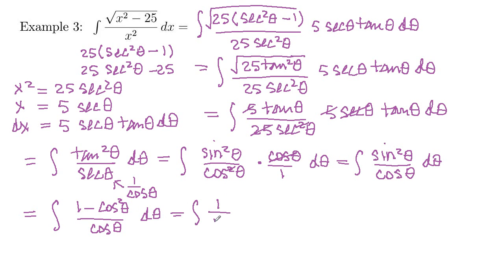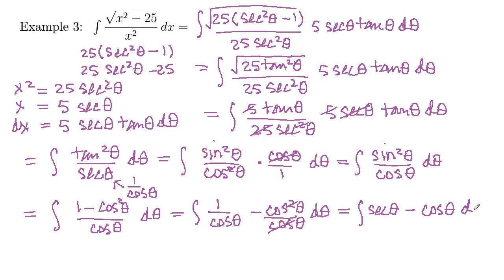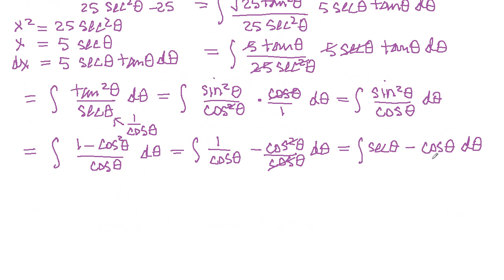So integral 1 over cosine theta minus cosine squared over cosine d theta, which will be, 1 over cosine is secant. So we're integrating secant theta minus this cosine, I'll cancel one on the top, cosine theta d theta. And so we know how to integrate cosine here. That's easy. That's just going to be sine theta.